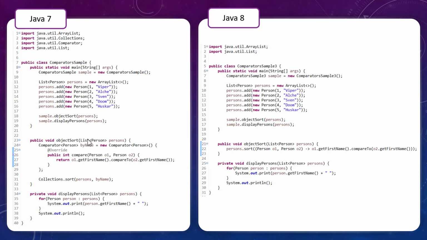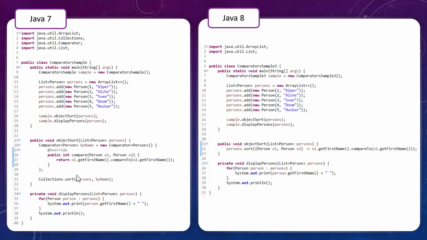The objectSort receives the persons list, and then we declare the comparator and initialize it with the implementation of the Comparator class. We have the compare method here, o1.getFirstName compareTo o2.getFirstName. And from there we can use Collections.sort on persons and byName.